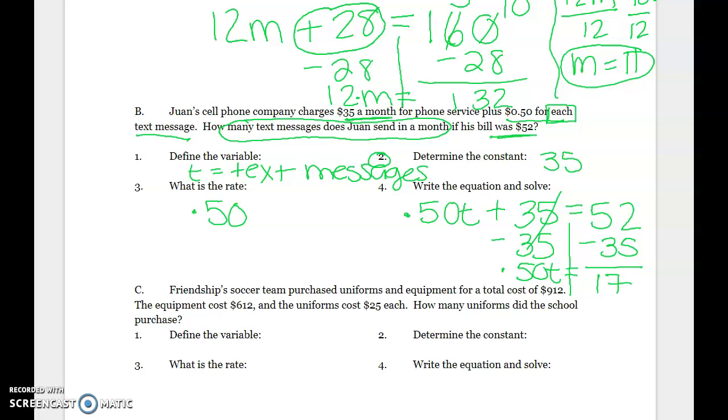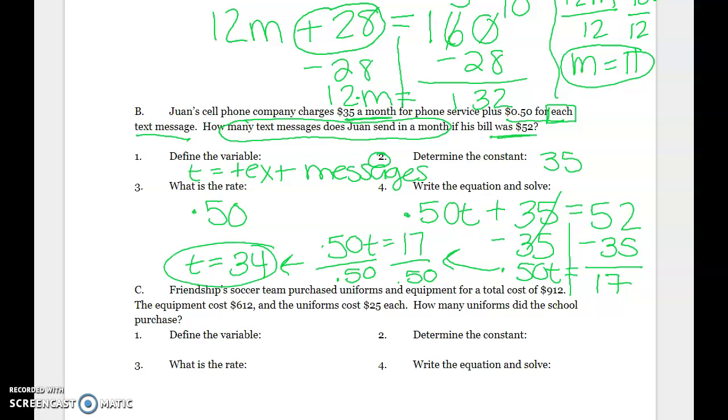Okay, and now what I'm going to do next is I have to get rid of this 0.50 in front of the t. So I'm going to divide, because that's the opposite of multiplying. And I get t equals 17 divided by 50 cents, which is 34. So that should be my final answer.